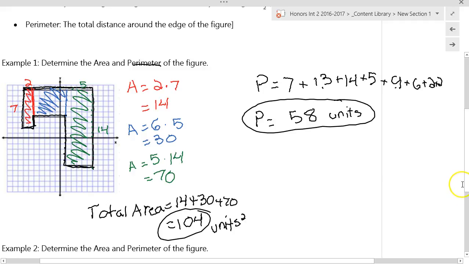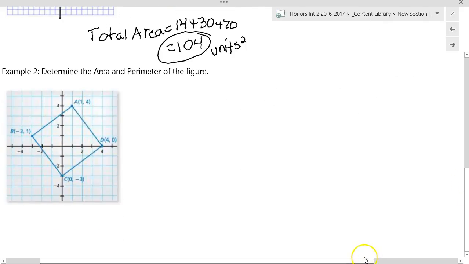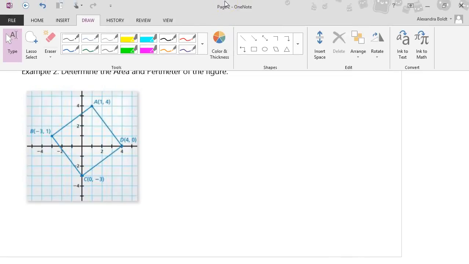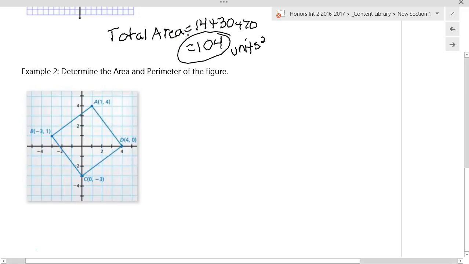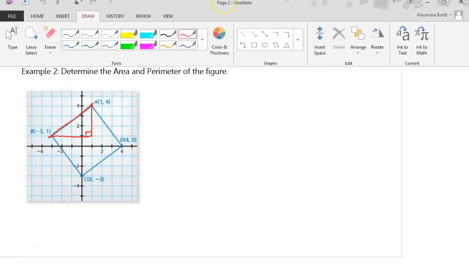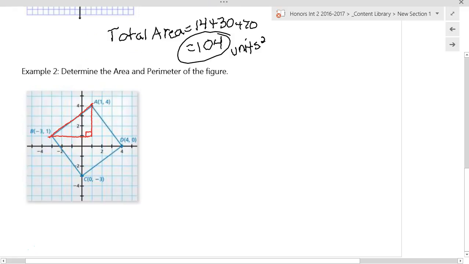All right, let's look at our next example. So determine the area and the perimeter of this figure. Right, so this one, as soon as you have a slanted line, you're going to have to use triangles. The easiest type of triangle to work with is a right triangle. So I have that red triangle. I have this green triangle.